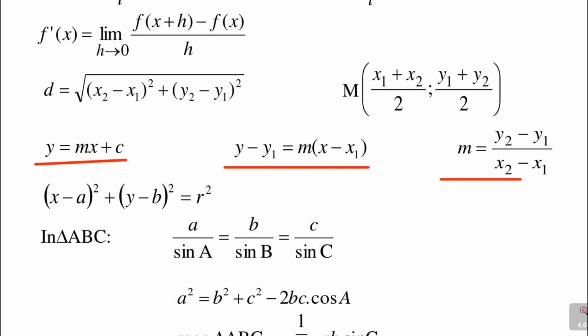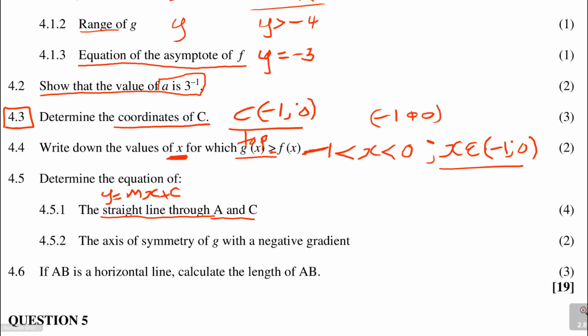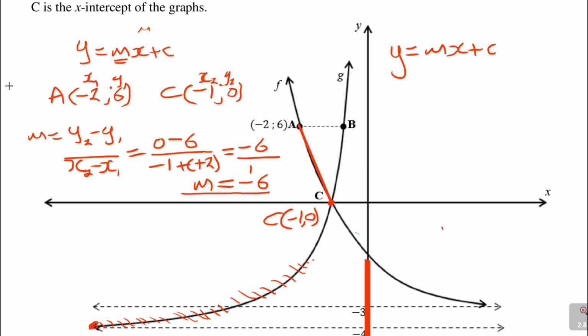There is the gradient. So they were very generous. They even gave you the gradient: y2 minus y1 over x2 minus x1. So we are going to use both and see whether it gives us the same answer. I prefer the first one, y is mx plus c. Now you can choose any point. To me, this is the simpler point. It's just this negative 1 and 0.